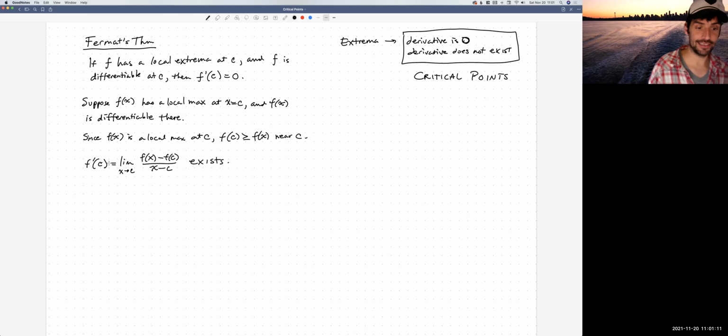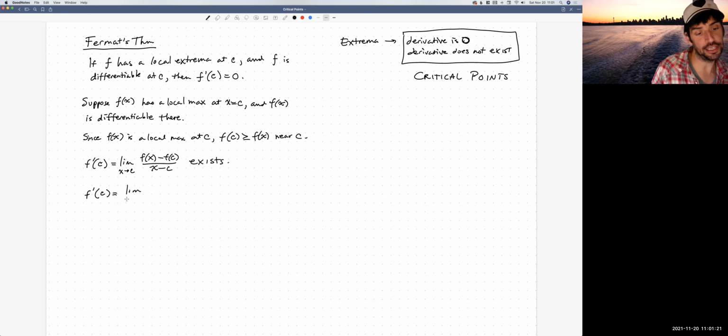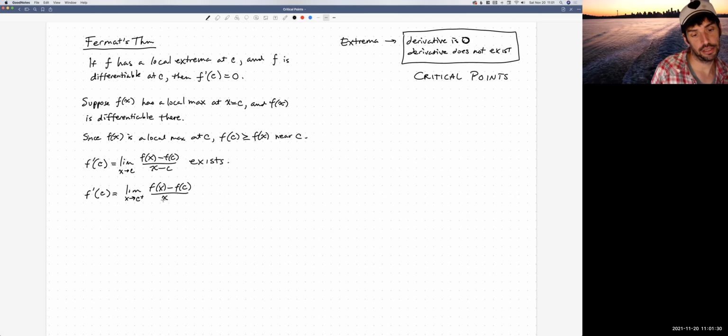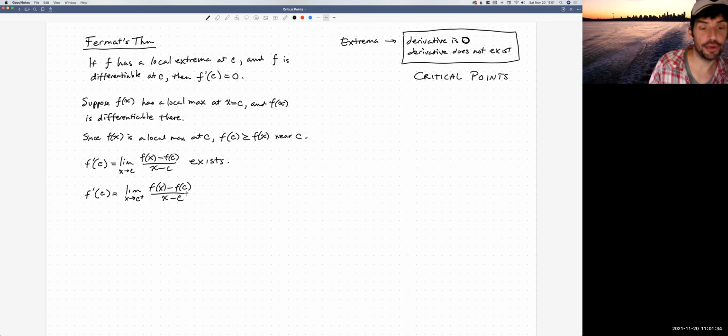The fact that it exists means that the left-handed and right-handed limits exist and they're equal to each other. In other words, whatever number f prime of c is, it must be equal to the limit as we approach c from above. But what can we say about approaching it from above?